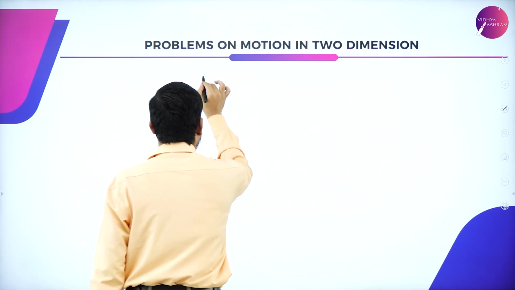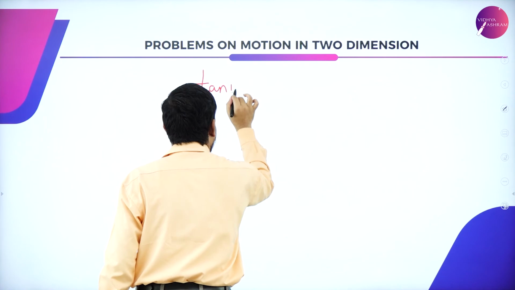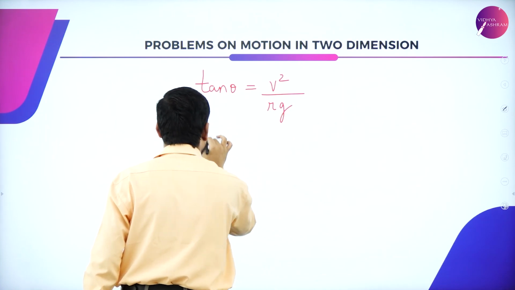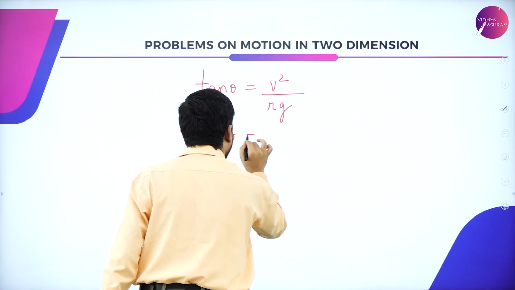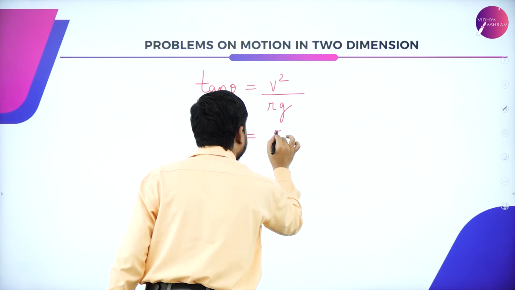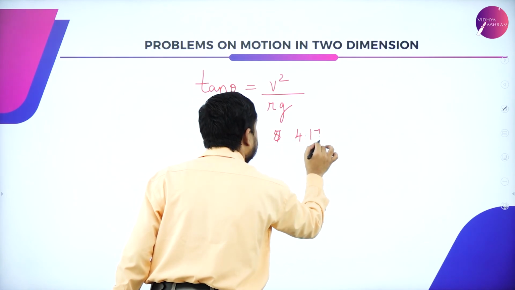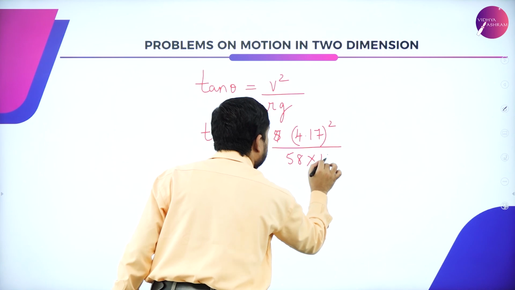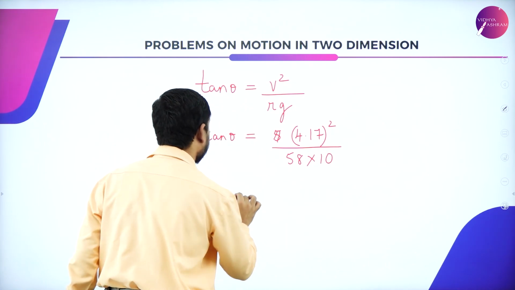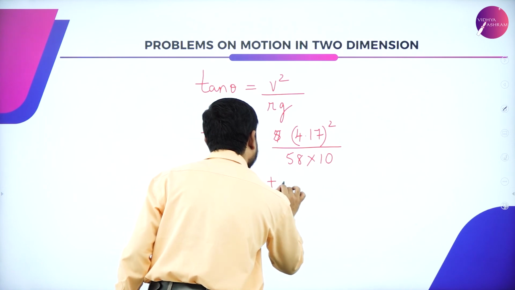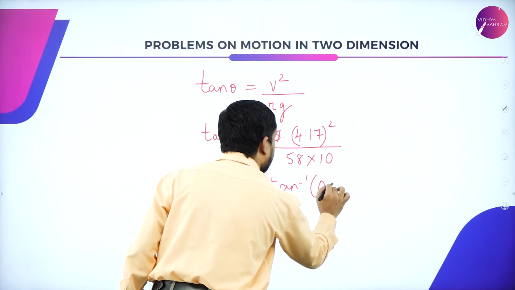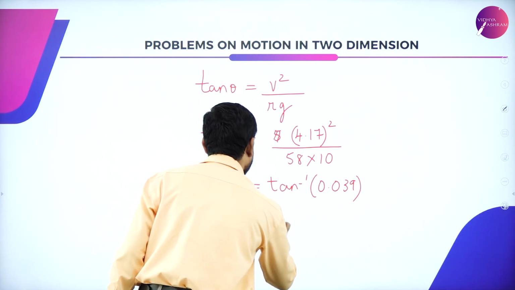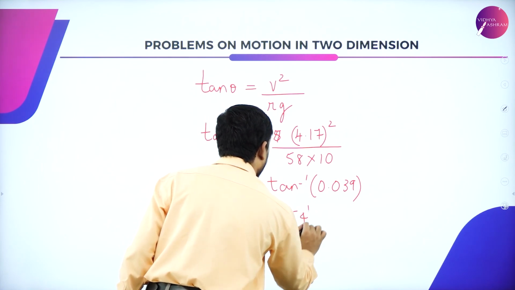Now we know tan theta is v square by r g. Tan theta is v, 4.17 whole square, by 58 into g, nearly 10. So theta is tan inverse 0.039, and finally the answer is 1 degree 54 minutes.